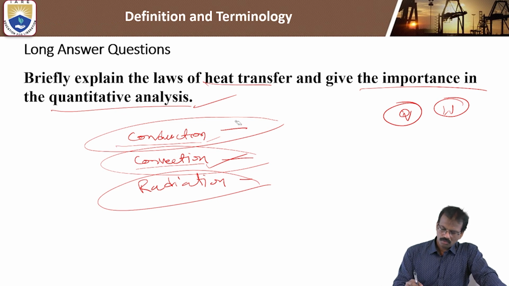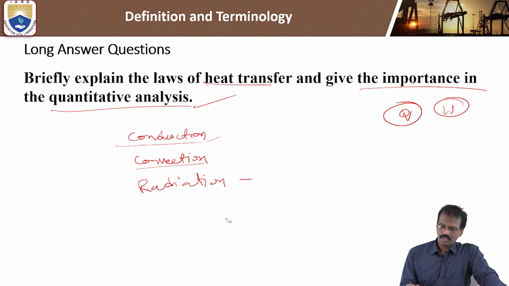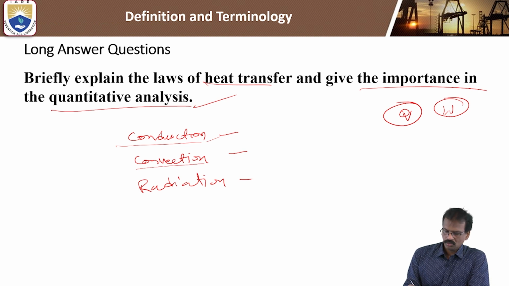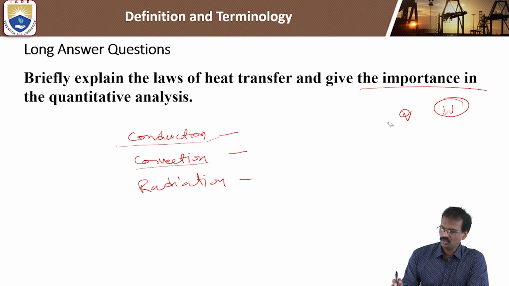To find the rate of heat transfer Q through conduction, convection, and radiation, some laws were given by different experts and scientists. The first one, conduction: the rate of heat transfer through conduction is measured by Fourier's law, which explains the mathematical calculation of values.